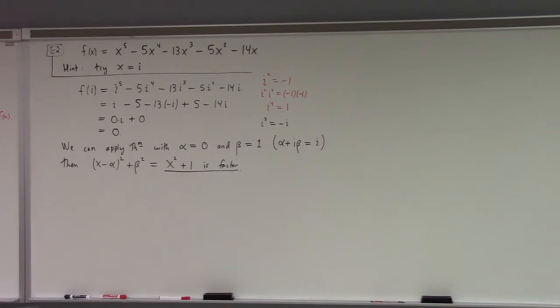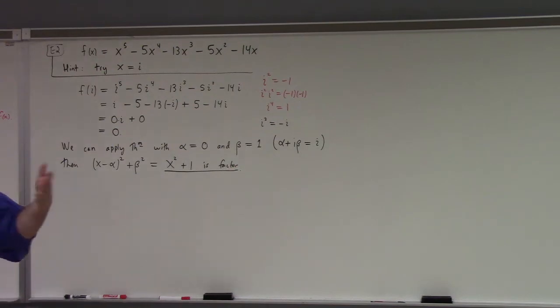So then how do I factor out x squared plus 1 from this polynomial? If you watched the help me solve it and the reading in MyLab, I told you don't do synthetic division, use long division. This is what I was talking about, because we don't actually need to do the square boxes with the complex numbers. All we have to do is just do long division here.